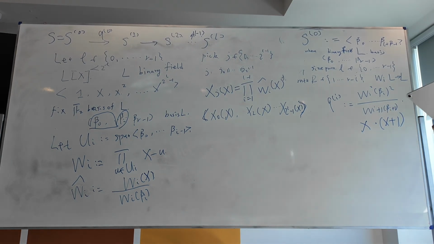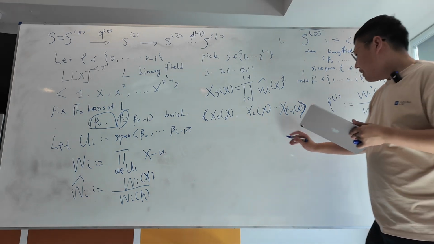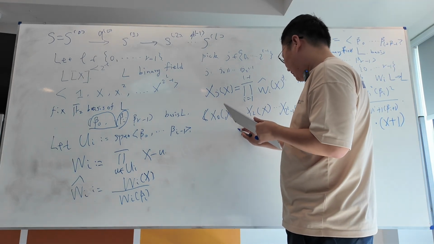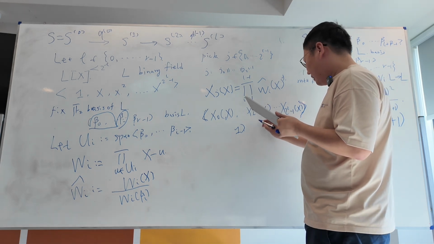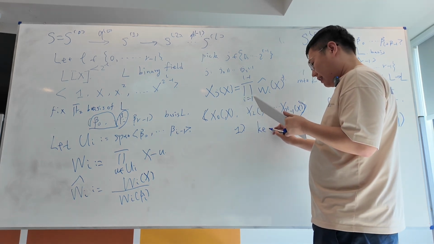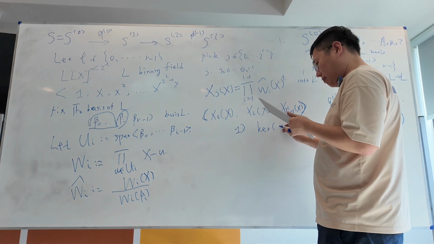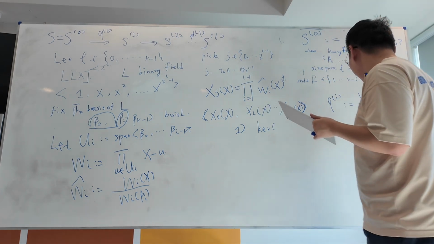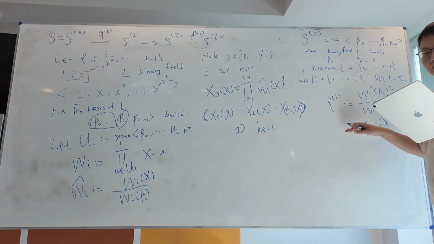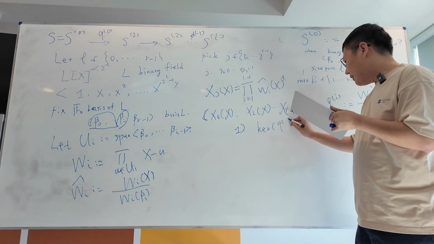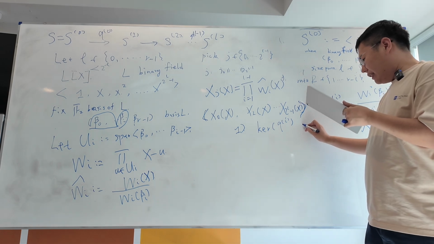The claim is that the kernel of this, which means if something evaluates to 0 by this map, is included in S_i.